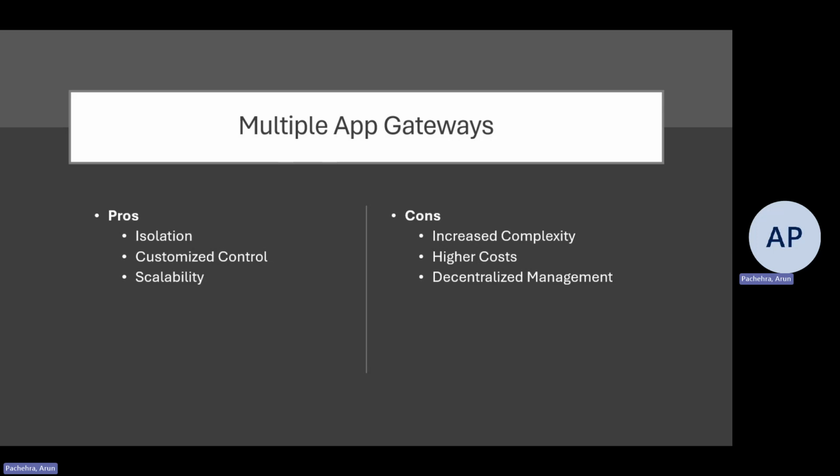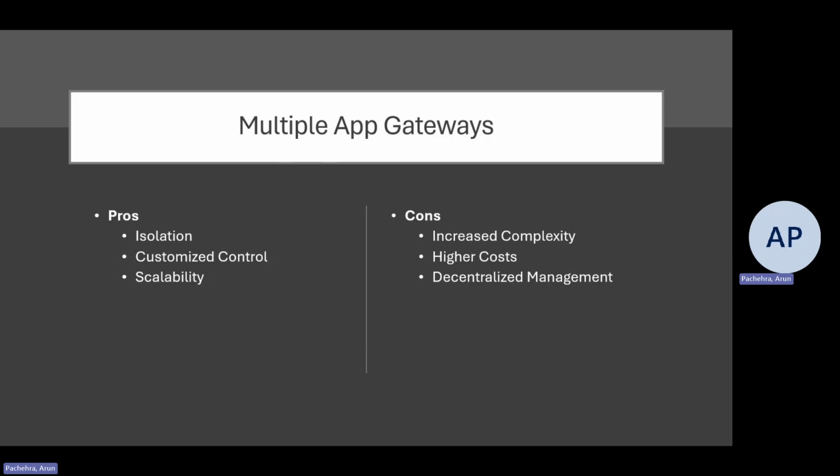Hence, it will increase the complexity. Now, higher cost, and it will also increase the complexity because you do have the capability to customize the control in each application gateway. So it's like a blessing in disguise. Anyways, higher cost. Deploying multiple application gateways will increase the cost because you're running more resources on the cloud, and each instance is billed separately.